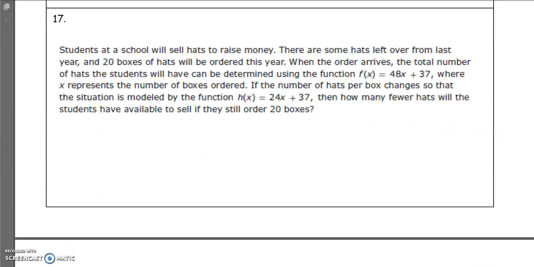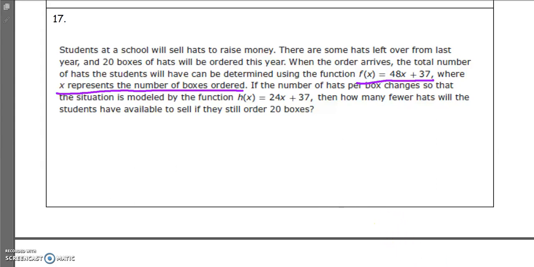Okay, number 17 says, students at a school will sell hats to raise money. There are some hats left over from last year, and 20 boxes of hats will be ordered this year. When the order arrives, the total number of hats the students will have can be determined using the function f of x equals 48x plus 37, where x represents the number of boxes ordered.